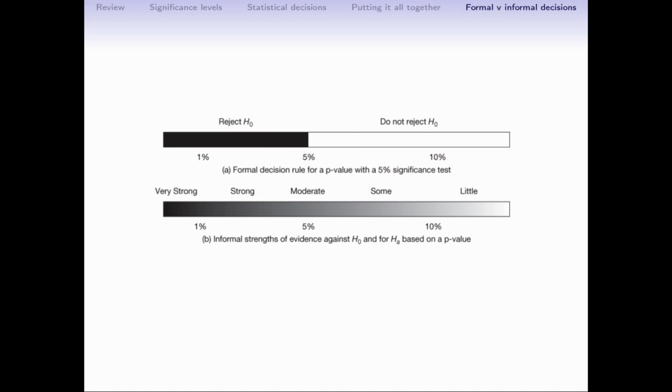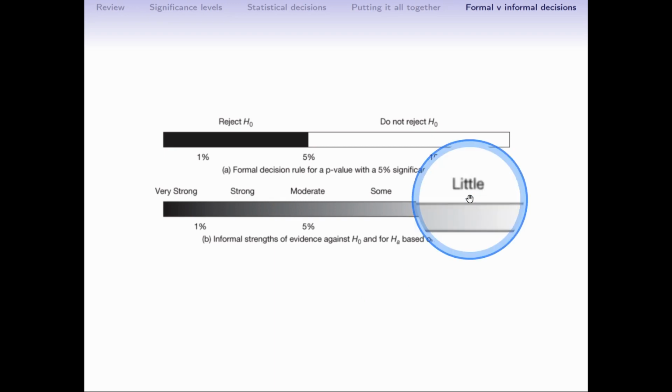So what some people would rather do informally is imagine a sliding scale, where as the p-value descends closer and closer to zero, we might have different ways of interpreting that p-value. So for example, for a p-value at 12%, we might find little evidence in support of the alternative hypothesis, right?